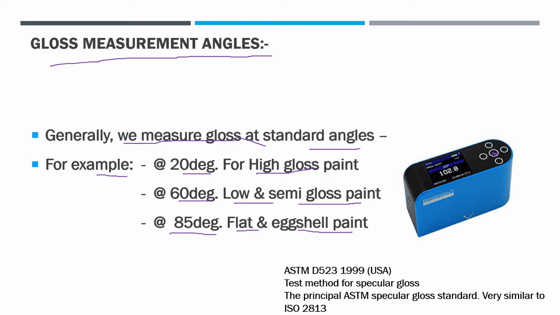This one is the standard ASTM D523, 1999 USA test method for specular gloss. With this standard we check gloss, and there are a lot of standards available, but for example I put this one.